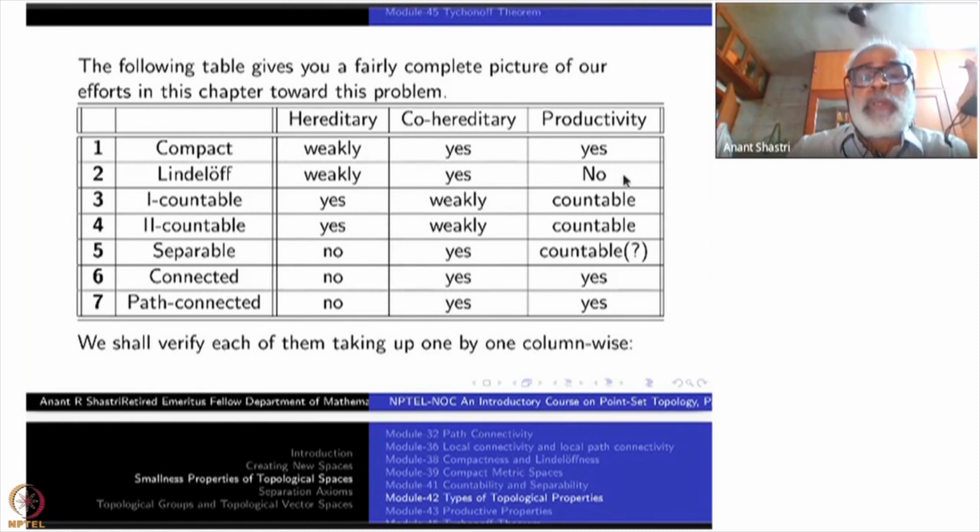Okay. The countability, first countability, again, finitely many copies it is. Even if you take countably many. But arbitrary product, we don't know. Okay. Similarly, second countability. The separability is more mysterious.